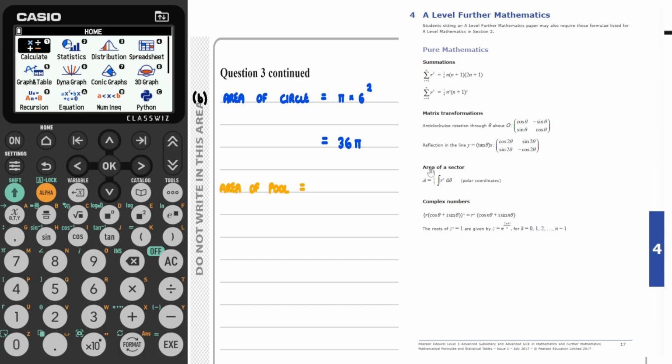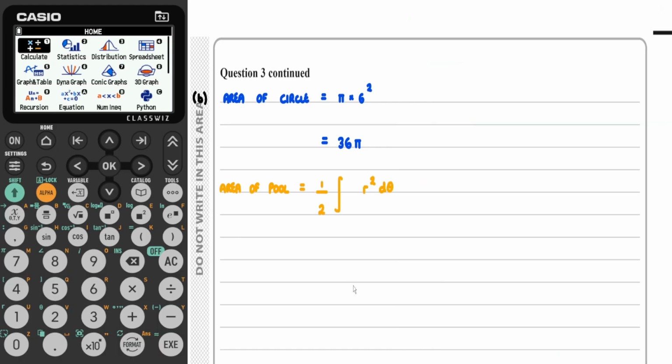We know the area of a sector is given by a half times the integral of r squared d theta. So we have a half times the integral of r squared d theta between 0 and 2 pi. We already know what r is: 4 subtract 3 over 2 sine 3 theta.